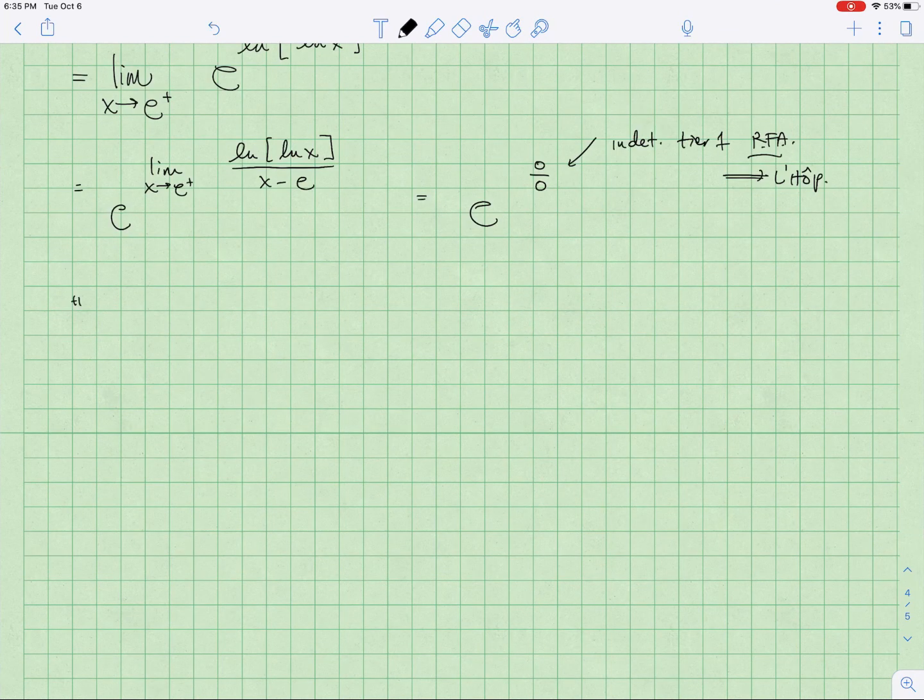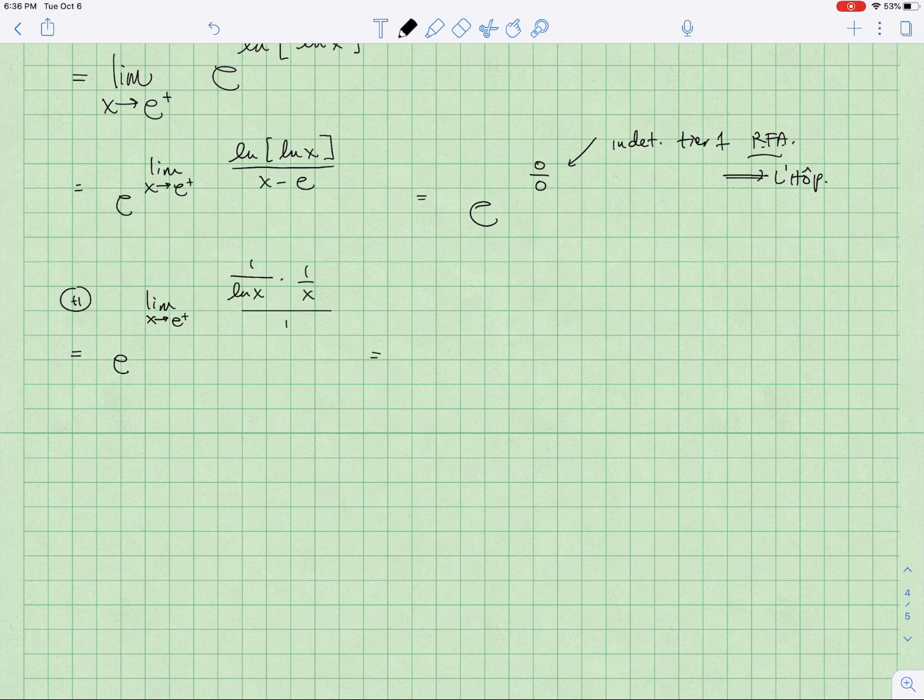So let's do that. We're going to use L'Hopital's rule up in the exponent. Why do these e's look so atrocious? Let me fix those. E raised to the limit as x approaches e from the right. In the denominator, the derivative is just 1. In the numerator, the derivative is 1 over the inside times the derivative of the inside.